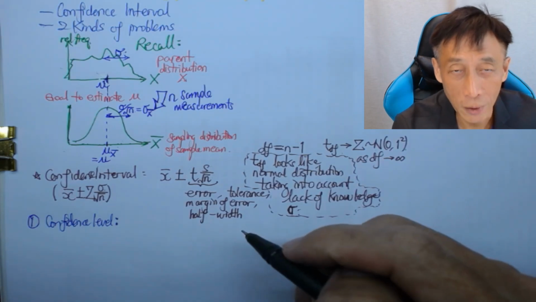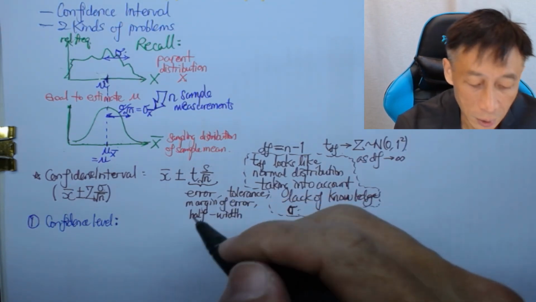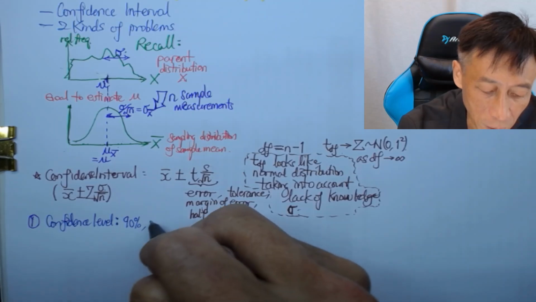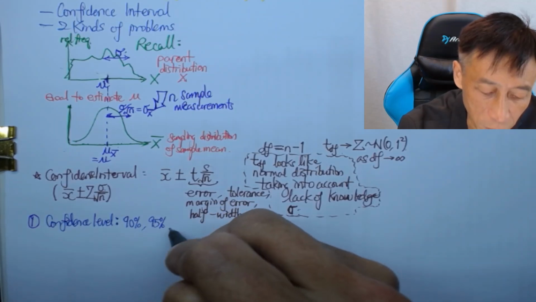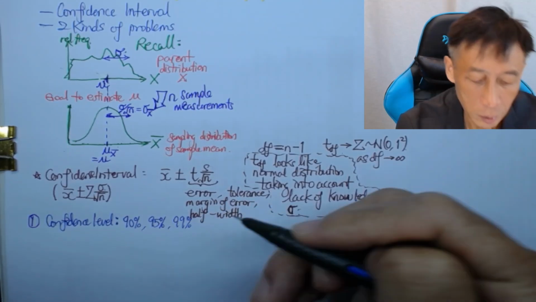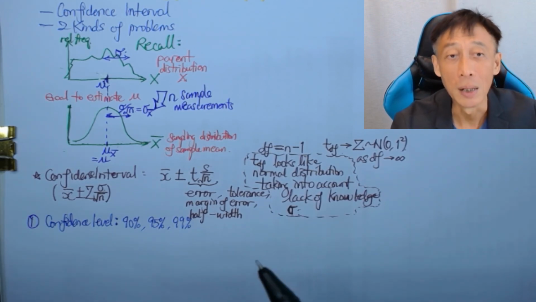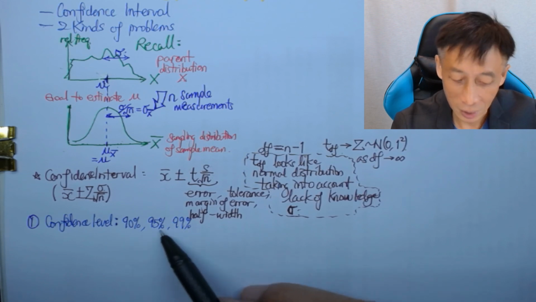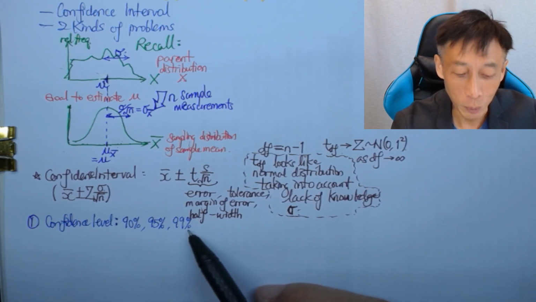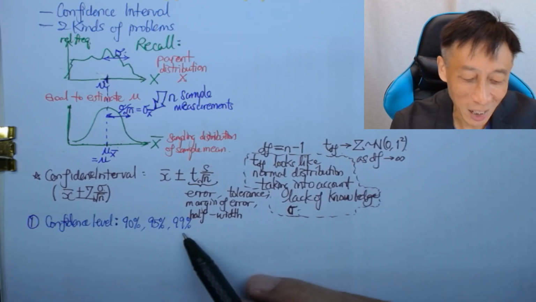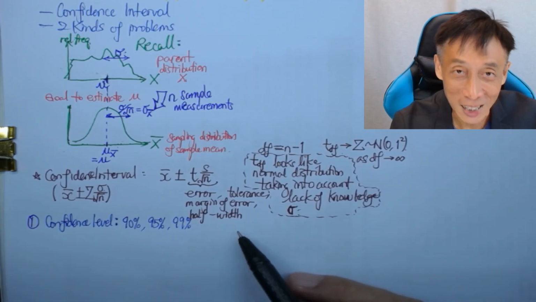technically between 0 to 100%, but in practice, we seldom go below 90%. So these are the typical values. If you want, you can put 99.5%, but these are the typical ones. If you try to be weird, creative, or funny, then you might want to write 99.99999%.